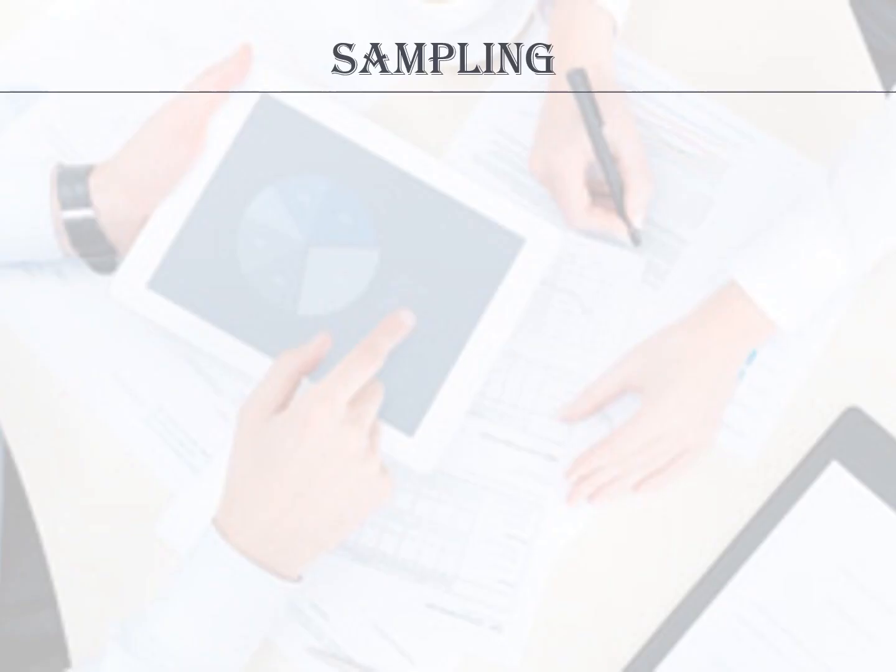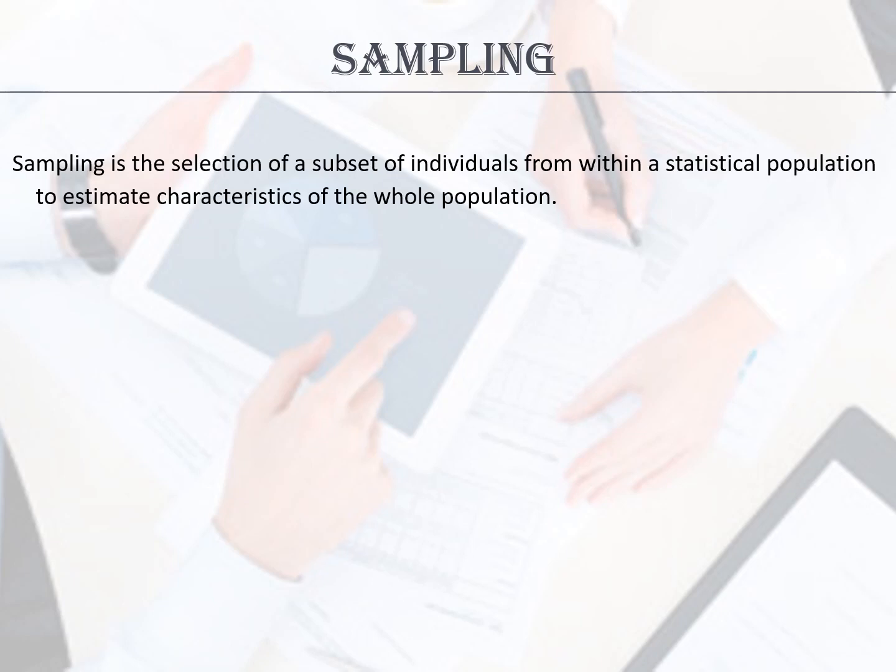Sampling. In commerce, apart from reviewing literature, most studies require data to be collected in the form of field visits or surveys. Sampling is the selection of a subset of individuals from within a statistical population to estimate characteristics of the whole population.